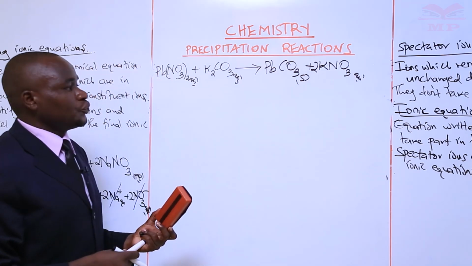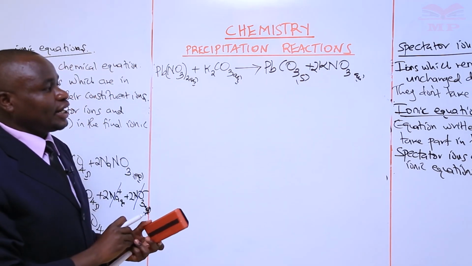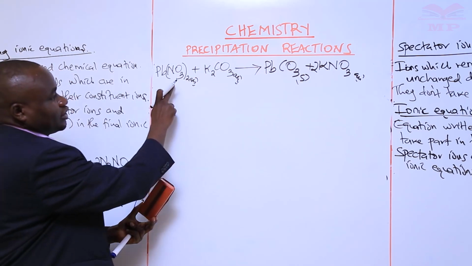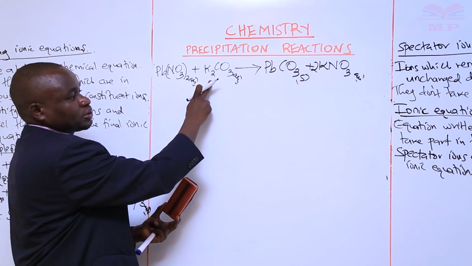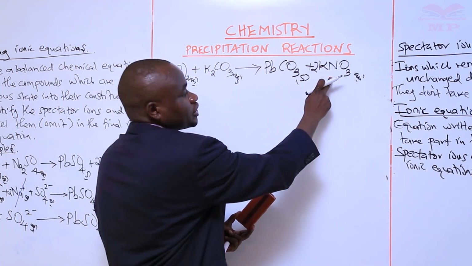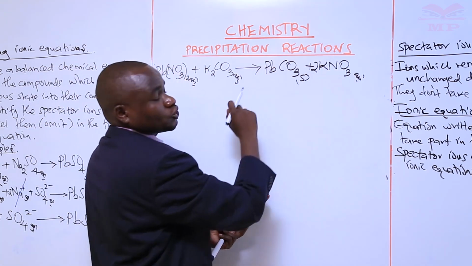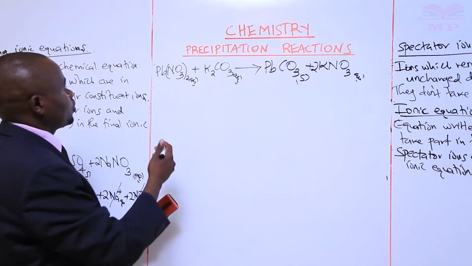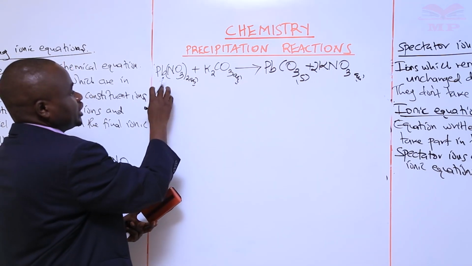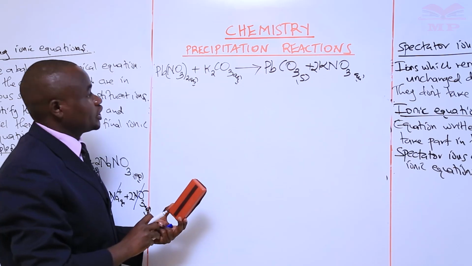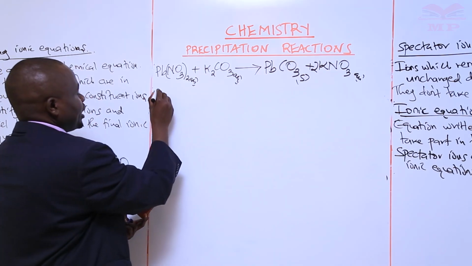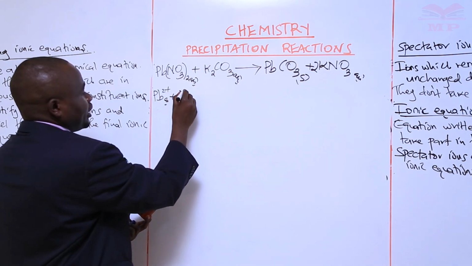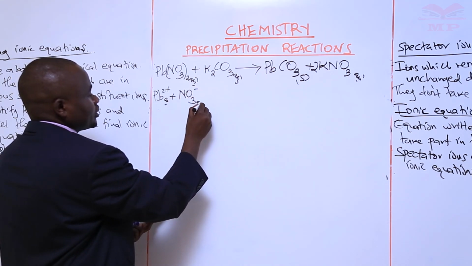After that, you identify the compounds which are in aqueous state. In this case, we have lead nitrate, potassium carbonate, and potassium nitrate. So those compounds are the ones we are going to write their ions. Lead nitrate will contain 2 ions. We shall have lead ions aqueous and nitrate ions aqueous.